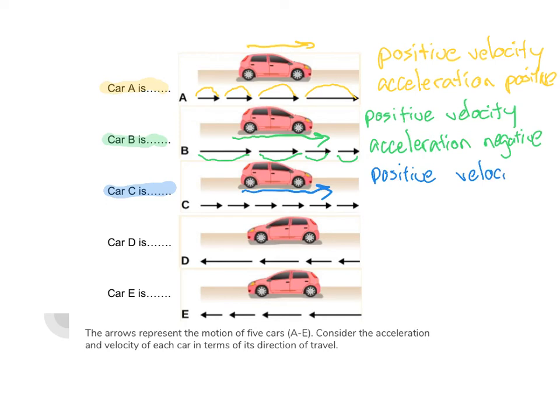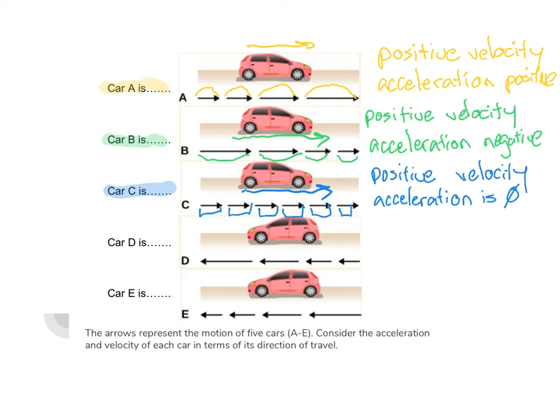And because all the arrows are the same length, the car's speed is not changing. As a result, the change in its velocity is 0, which means that our acceleration is also 0, since we're not changing velocity.